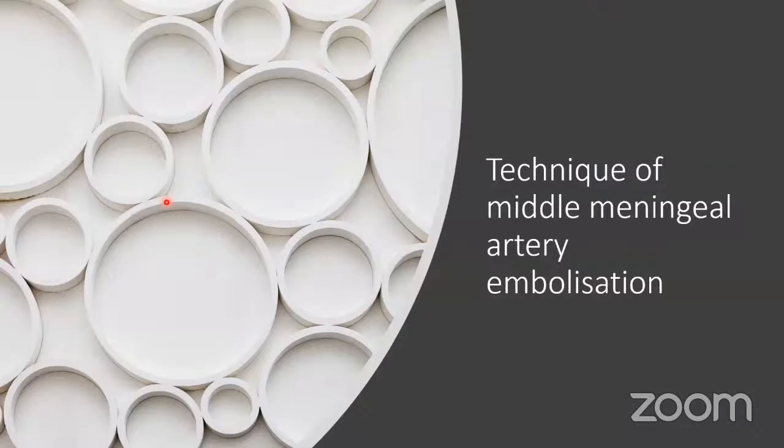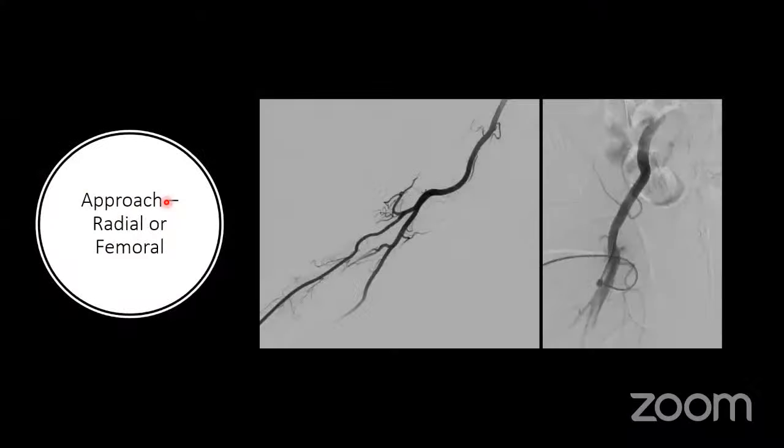So coming to the technique of meningeal artery embolization, we all know that we can take only up to a 5 French or 6 French sheath, so that we can very well use the radial approach along with the femoral approach, depending upon the technique you use in your institution.